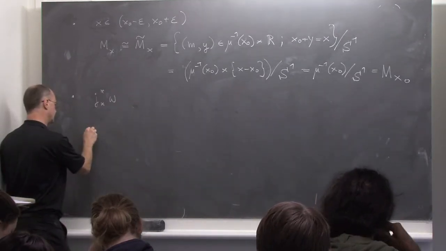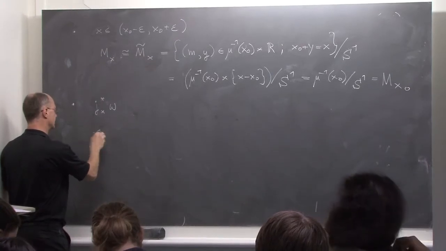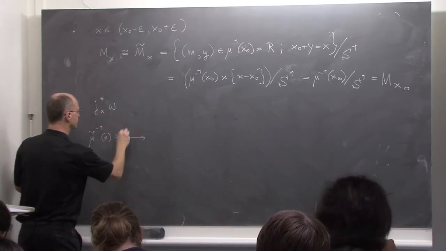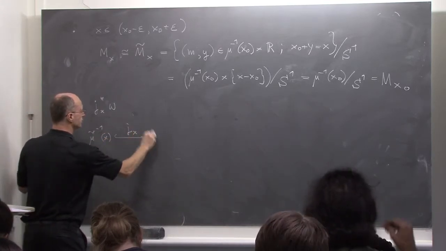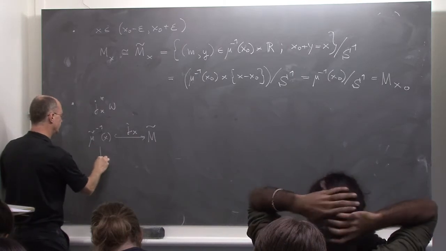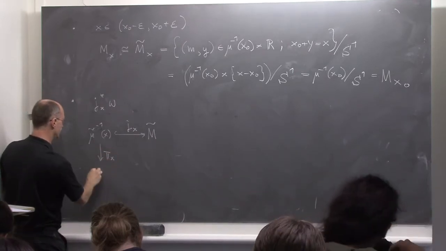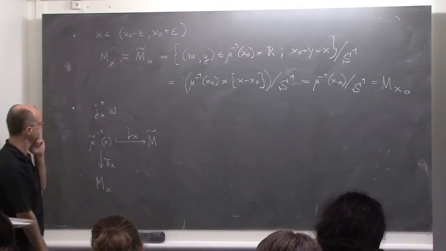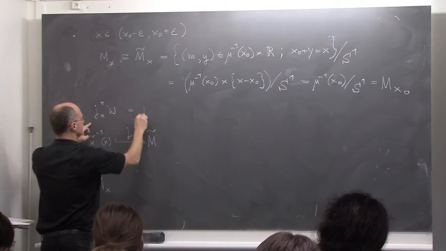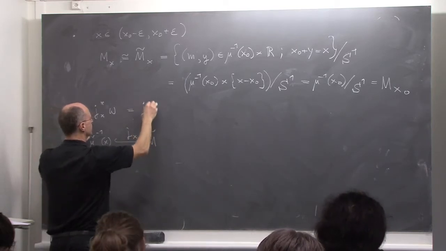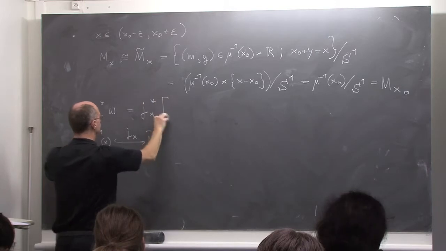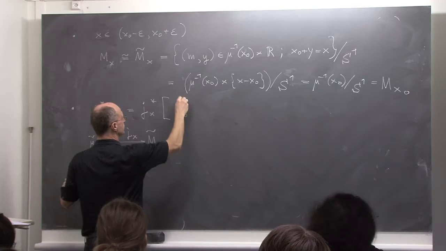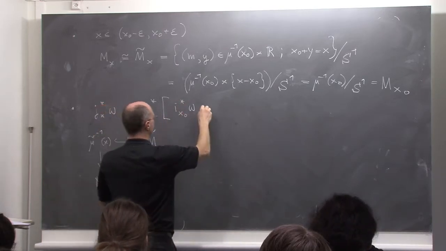So I have this mu tilde minus 1 of x embedded by J_x to M tilde, and here there will be pi_x to M_x. Right. So this is J_x star, and so the form here is i_x0 star omega.